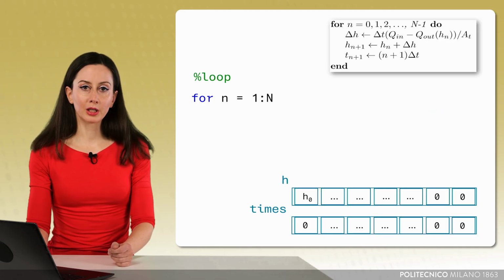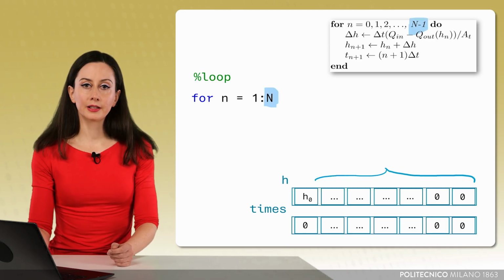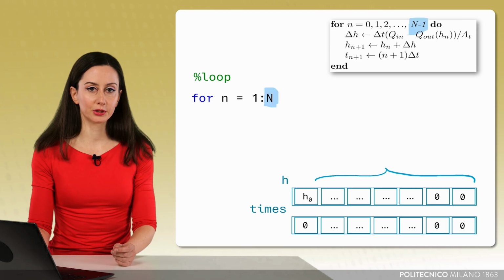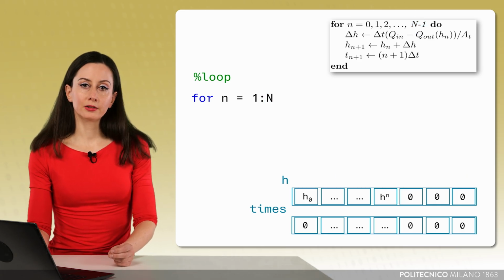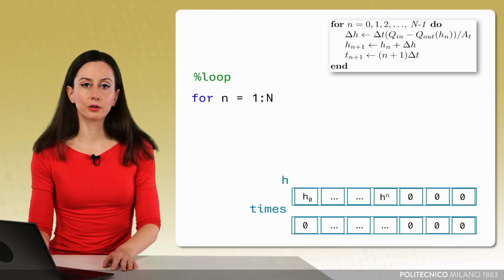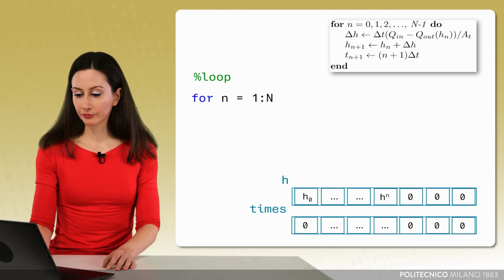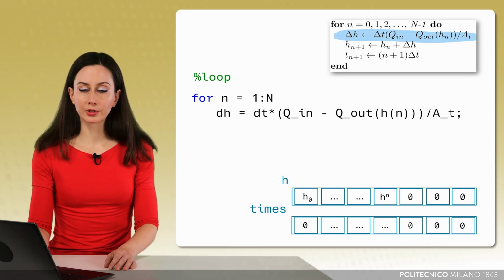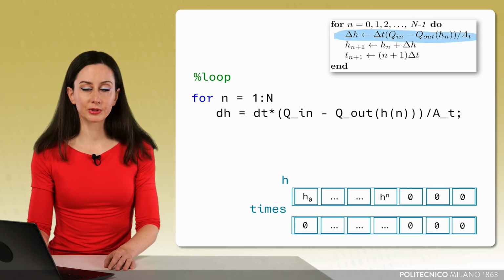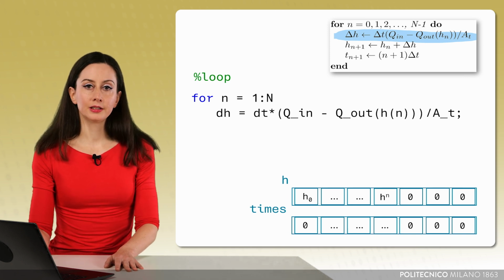So going back to our problem, let's have a look at our algorithm. First of all, we need to find n values of h, because the first one is already known. And for a generic iteration, n, we know the value of hn, and we want to find hn+1. So first of all, we can compute the water level change in a time step depending on inflow, outflow, delta t, and area.